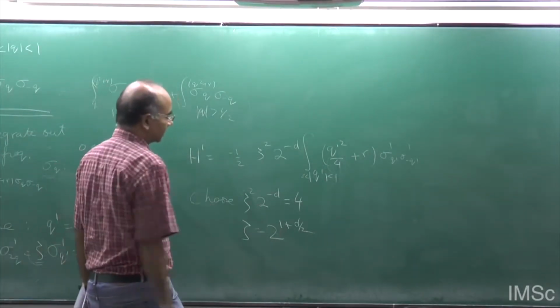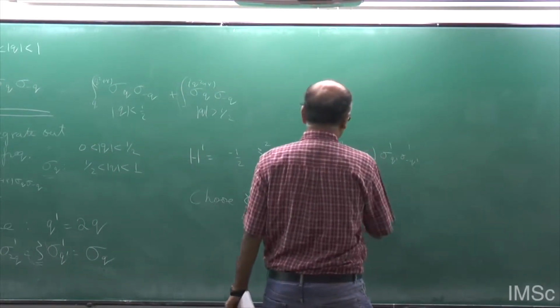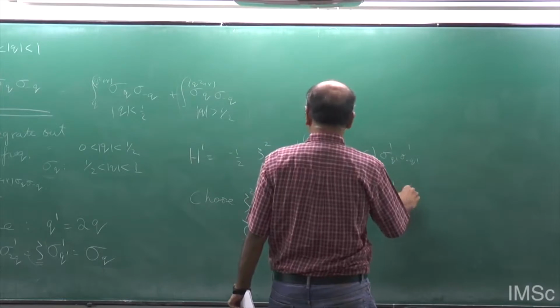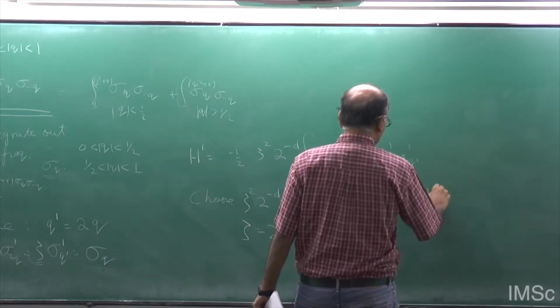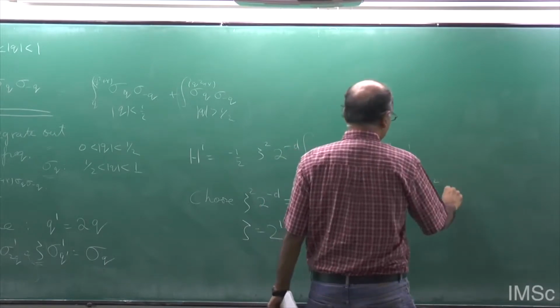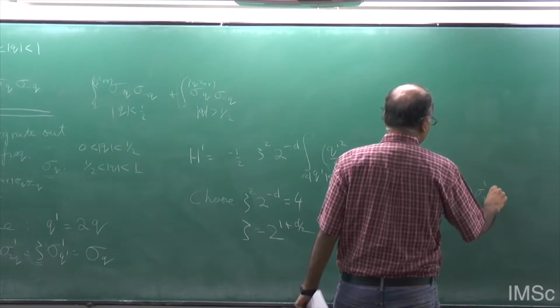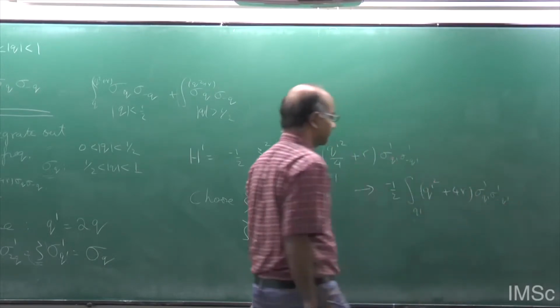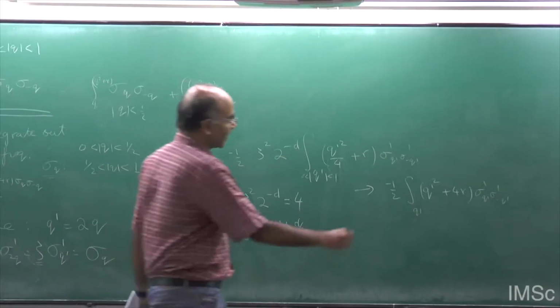So just solving for zeta. Then this becomes minus half, q prime with the correct range, q prime squared plus 4r. And we'll call this r prime.